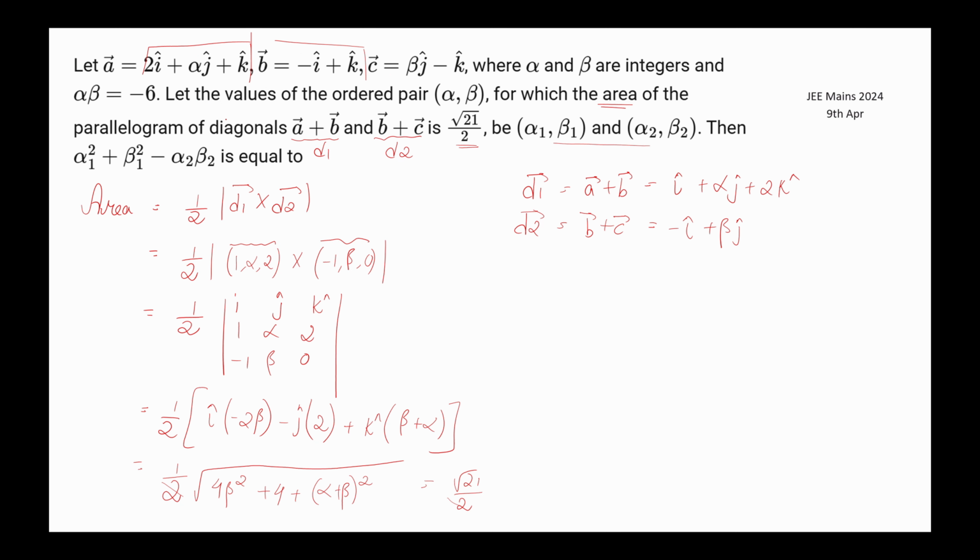So what do we get? We get 4 beta square plus 4 plus alpha plus beta whole square, equal to 21. Let us simplify this further and open the square bracket. We are going to get alpha square plus 5 beta square plus 2 alpha beta equals 17, and the value of alpha beta has been given to us: alpha beta is minus 6.